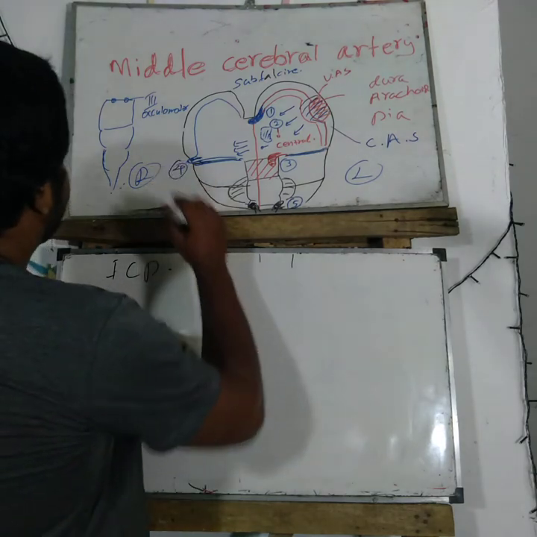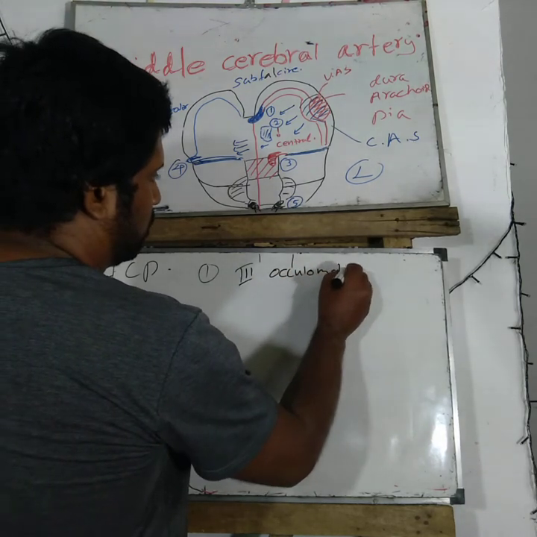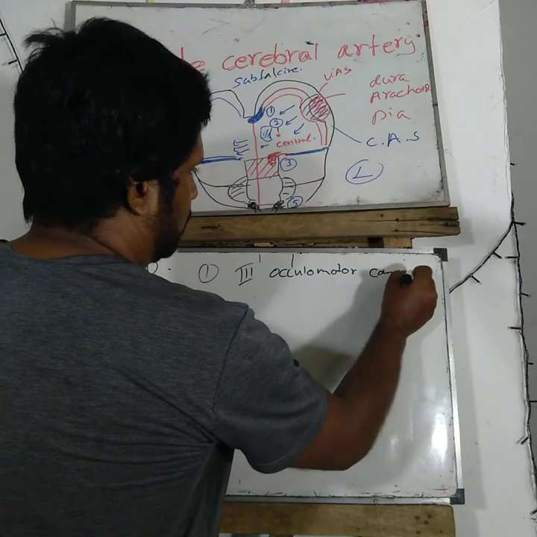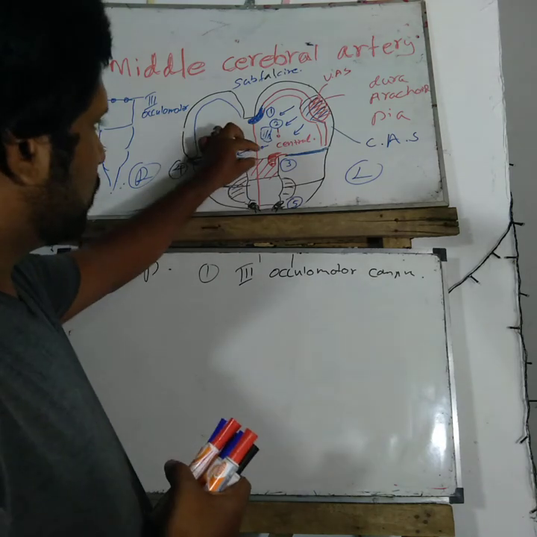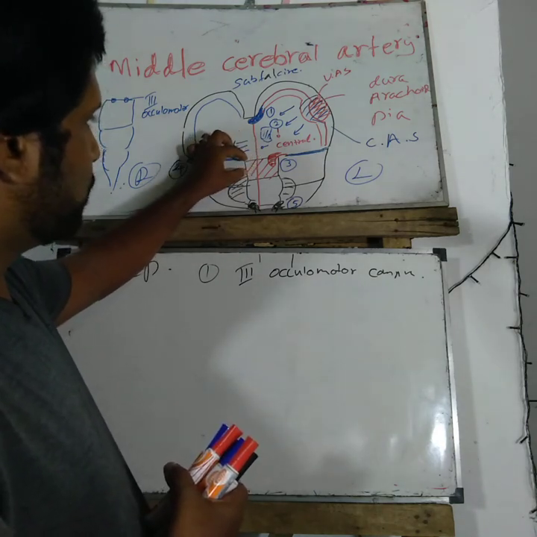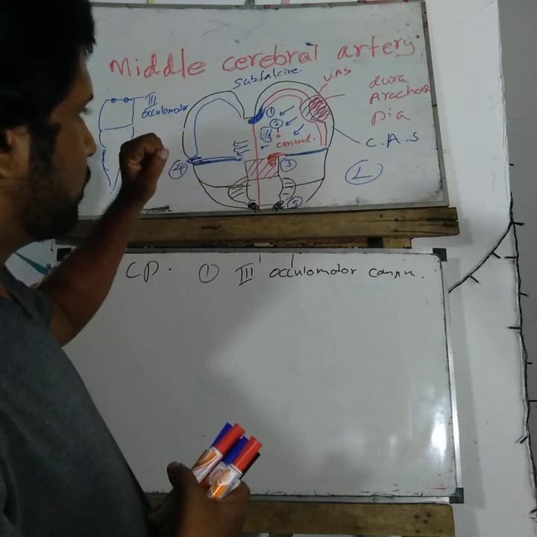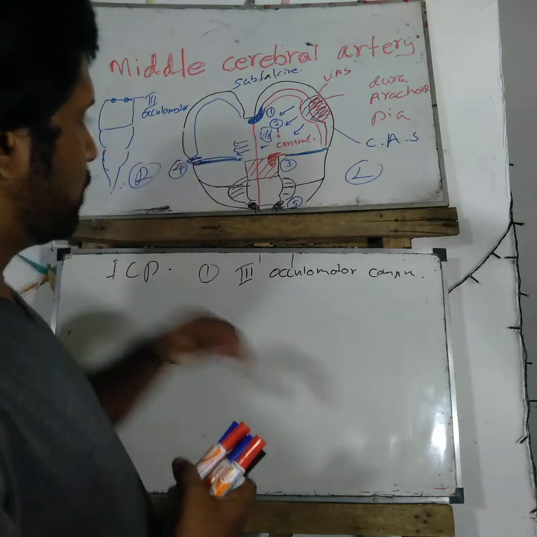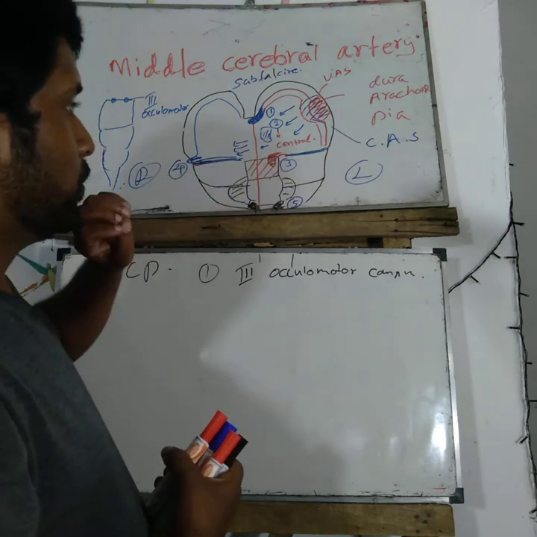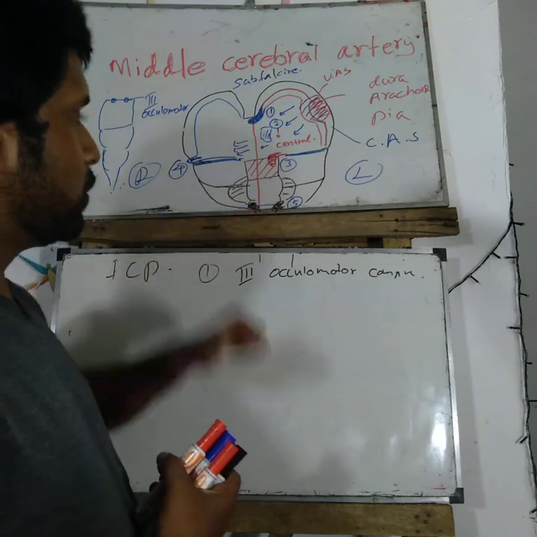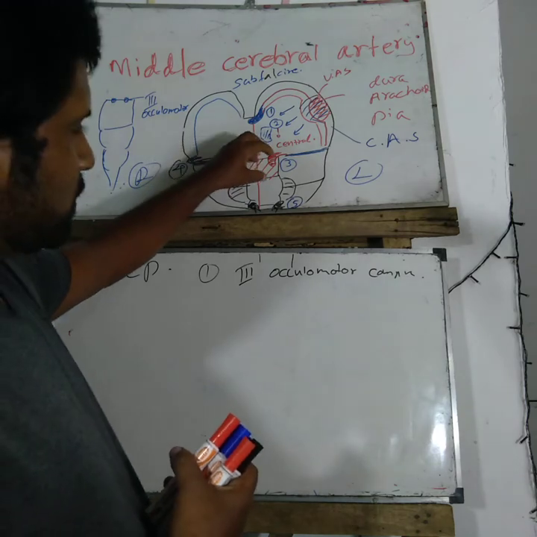The first one is third, oculomotor compression. The third cranial nerve, the optic nerve also is compressed. The lateral geniculate body, the optic nerve, and the oculomotor nerve are compressed. The abducens nerve, the trigeminal nerve, and the trochlear nerve are also compressed.